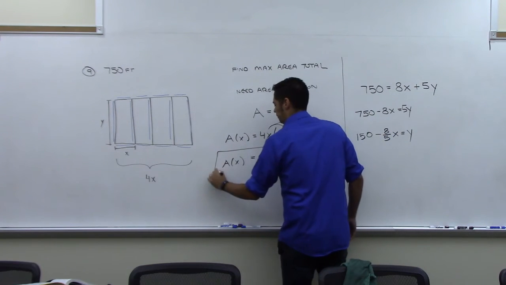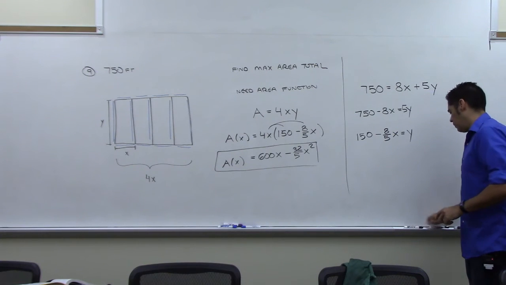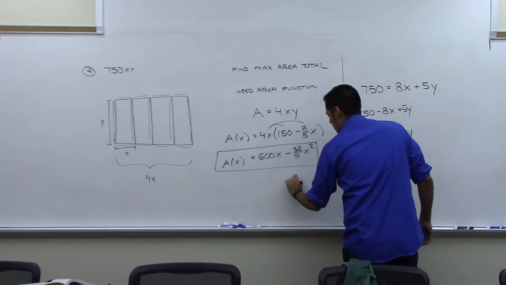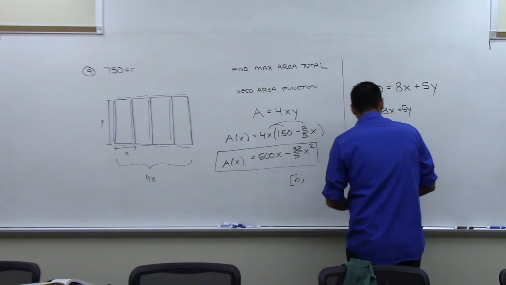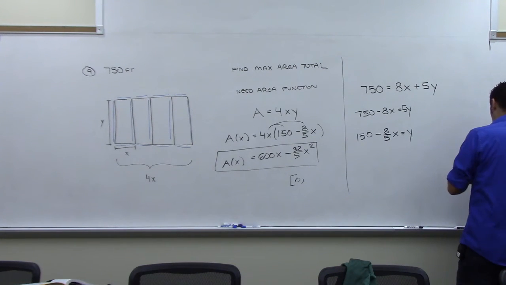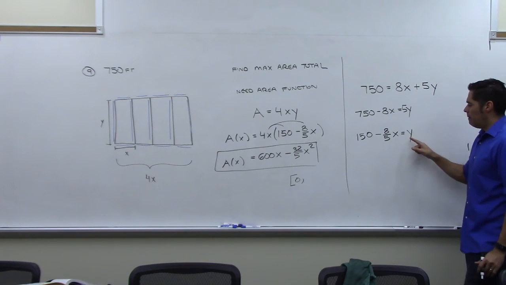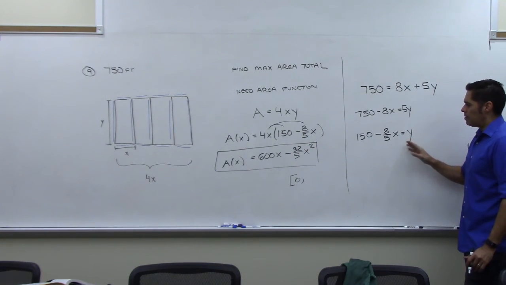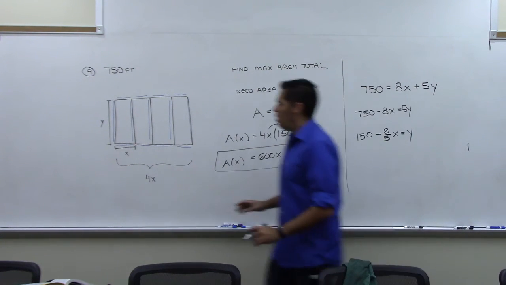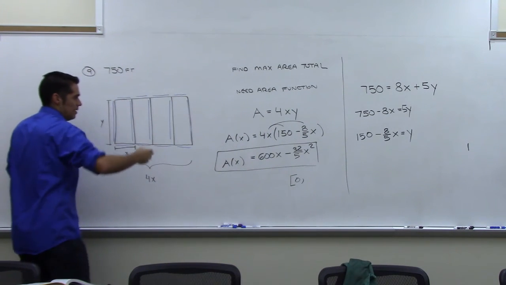The smallest x could be would be 0, of course, because x is the length of one of those pens. And the biggest x could be, we have to be careful here, we want to know what it would take to make y be 0. In other words, what if I use all 750 feet of fence for these sides and left myself nothing for the y's? That means y would be 0.